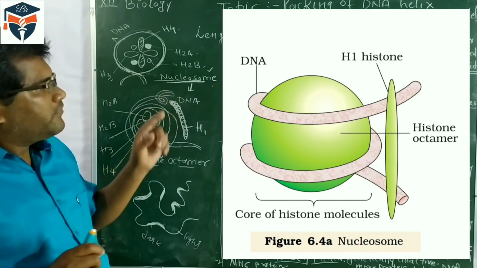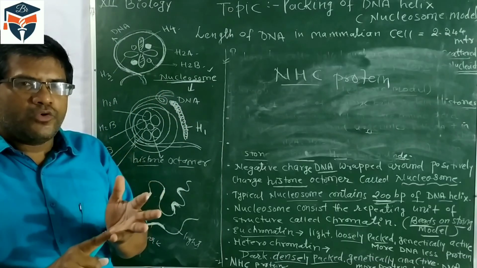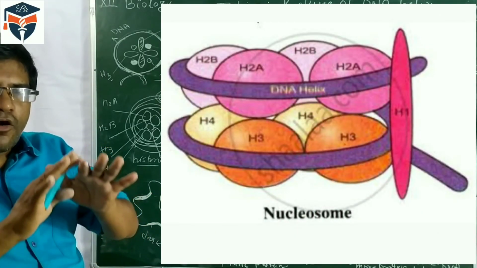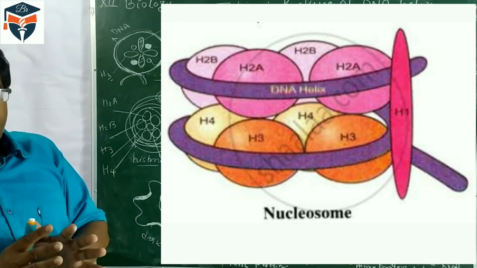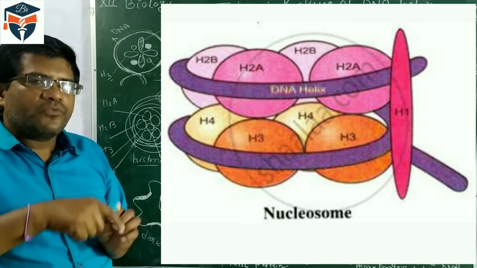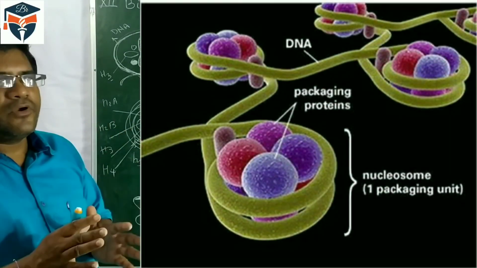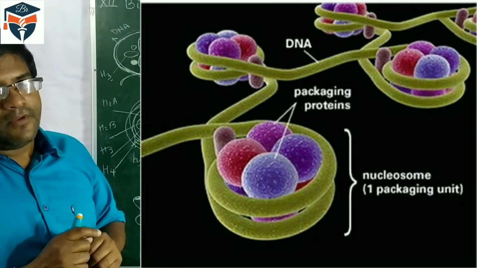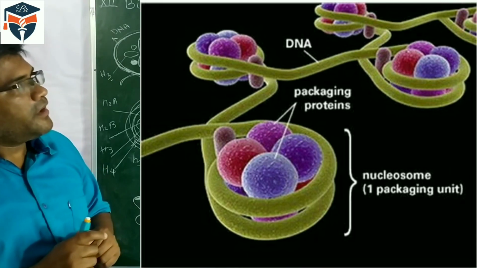It is packed with histone proteins: H2A, H2B, H3, H4, and these proteins form one octamer unit. This octamer unit is wrapped by the negatively charged DNA, and this model is called the nucleosome model. So it is all about packing up DNA.